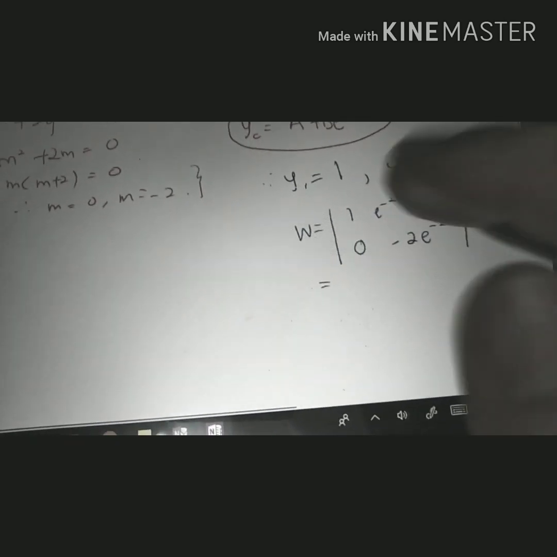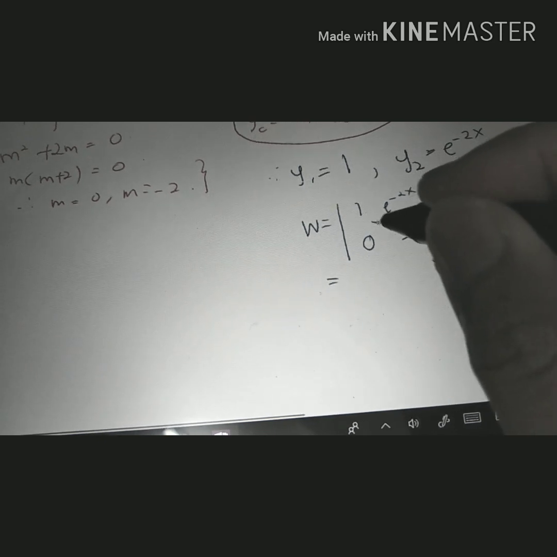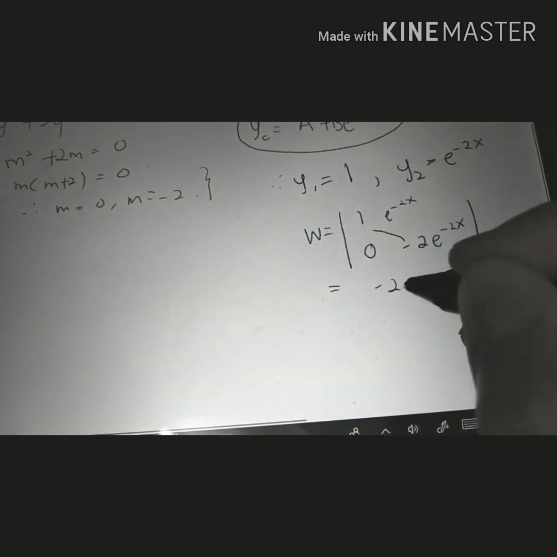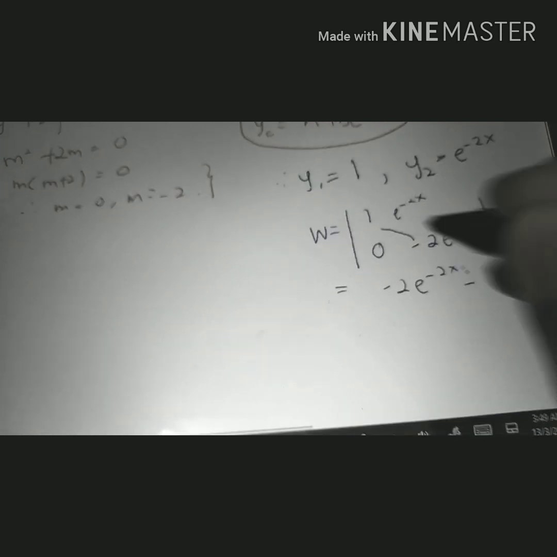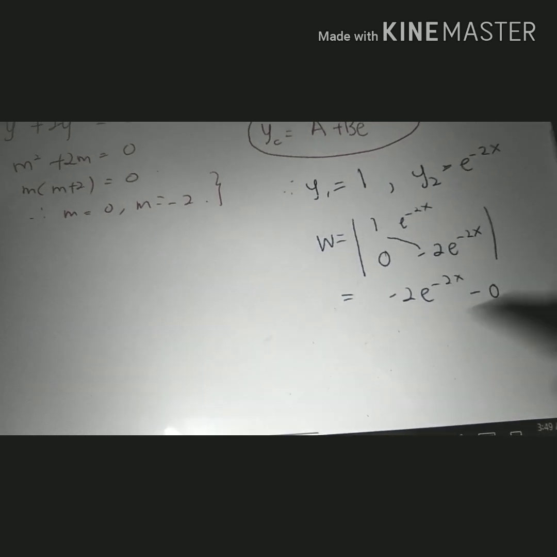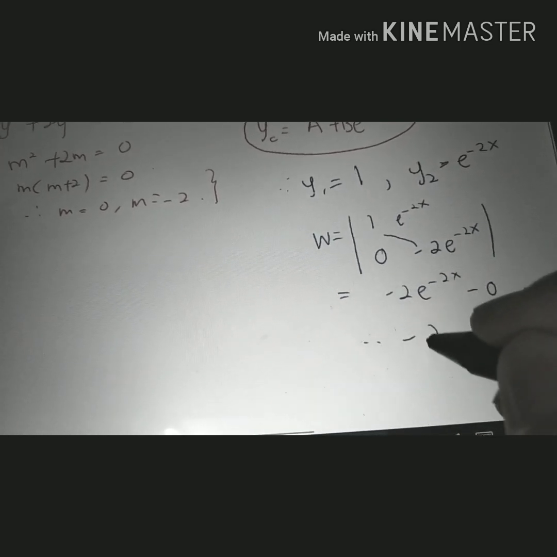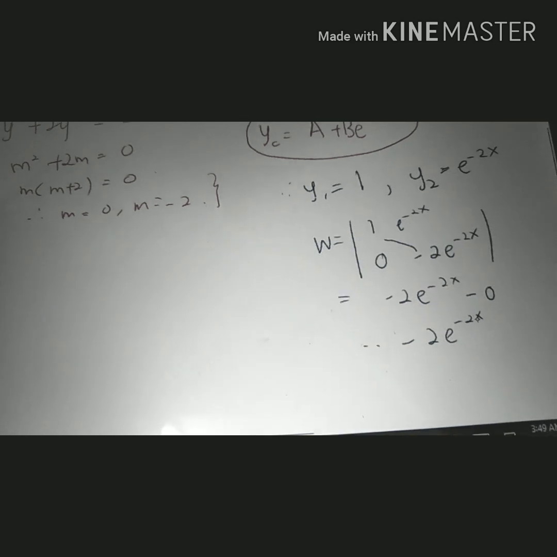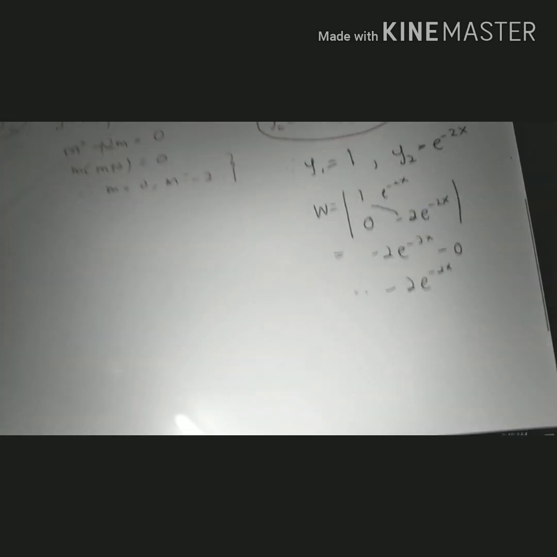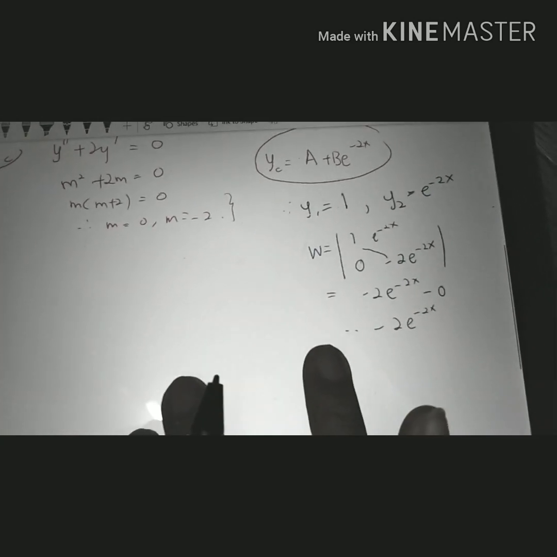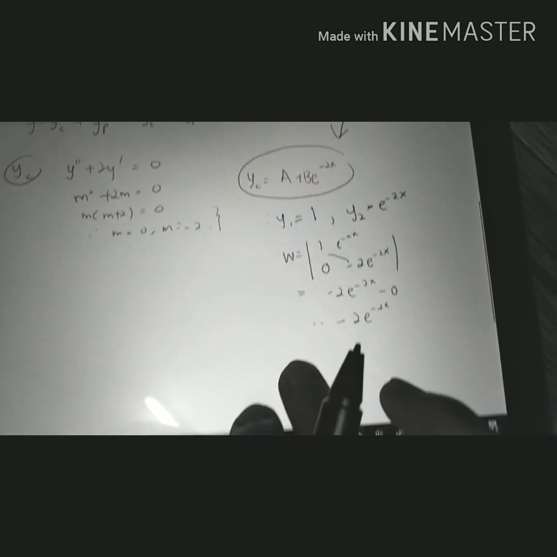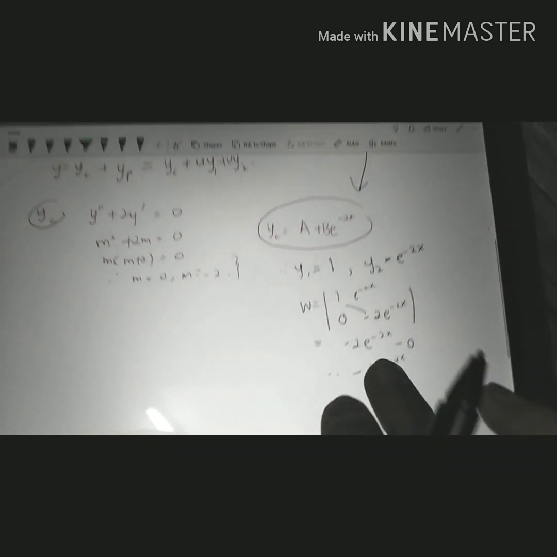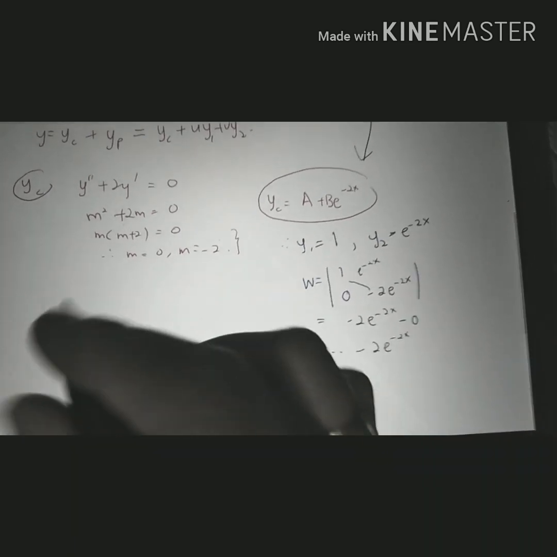So you cross multiply, so you have negative 2 e to the negative 2x minus this one, which is 0. Therefore, your Wronskian is negative 2 e to the negative 2x.